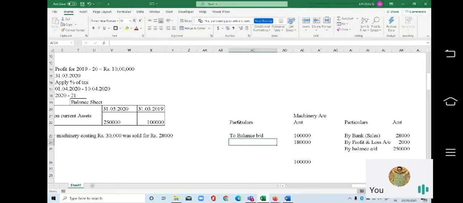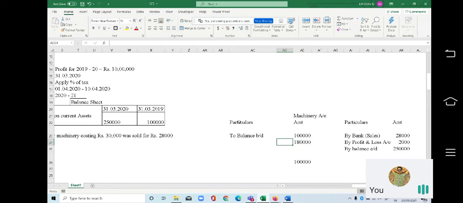Normally, we have a habit, whatever the shortage comes, we will record it as carry down balance. If it comes on the debit side, write to balance carry down, or if it comes on the credit side, by balance carry down. But remember, one particular account can have only one brought down and one carry down. Already the brought down and carry down for machinery has been brought into the picture.